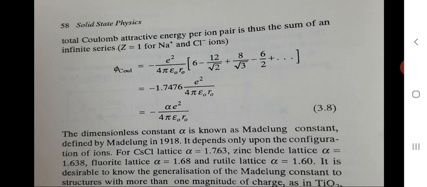For the zinc blende lattice, alpha is equal to 1.638. For the fluorite lattice, alpha is equal to 1.68, and for the rutile lattice, alpha is equal to 1.60. It is desirable to know the generalization of the Madelung constant to structures with more than one magnitude of charge, as in TiO2, CaF2, etc.